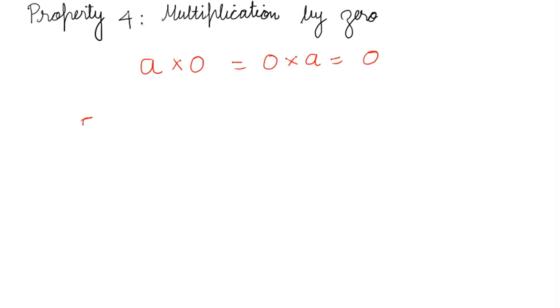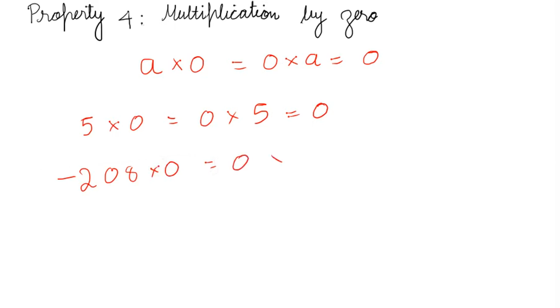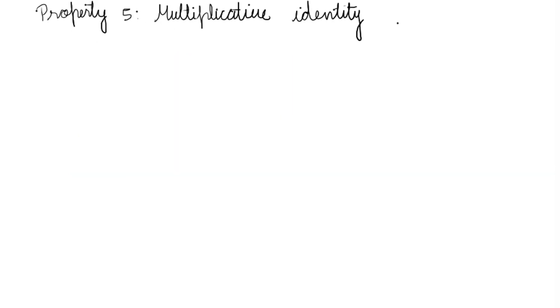For example, 5 into 0 or 0 into 5, the product is 0. Or if it is minus 208 into 0 or 0 into minus 208, then again the product is 0. The next property is multiplicative identity.